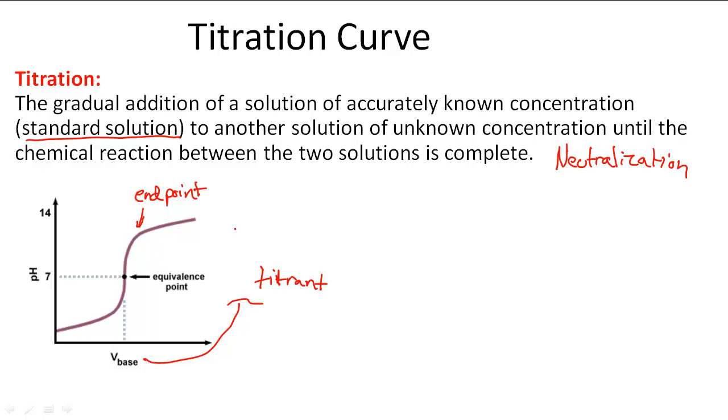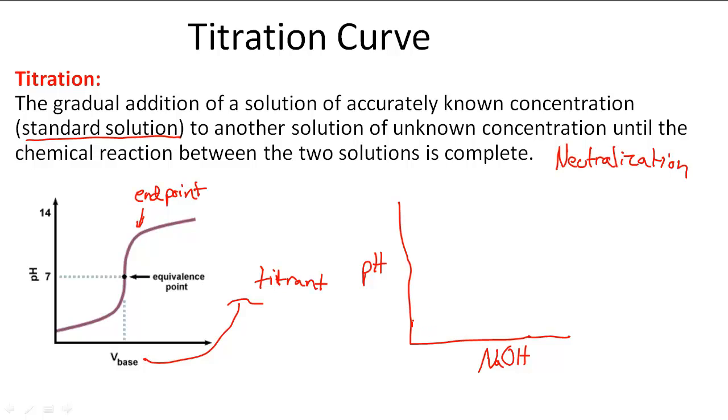Now that we have that information, we also know that a titration between a strong acid and a strong base is usually going to give you an equivalence point at pH 7. But the equivalence point does not always have to be 7. When we have a weak acid and a strong base, let's say NaOH, we have pH on one axis and we add milliliters, so the volume, on the other.